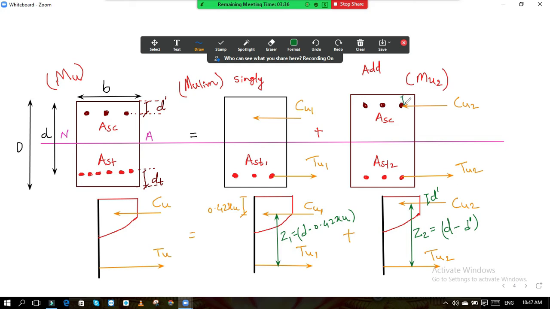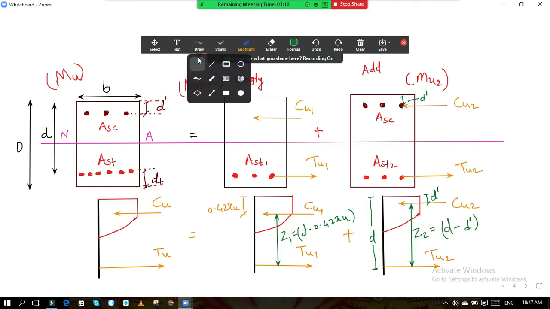And up to this point is your effective depth d, from the top up to the center of reinforcement, because your Tu2 is acting at the reinforcement level. So from the top up to the center of these bars, that is your effective depth.